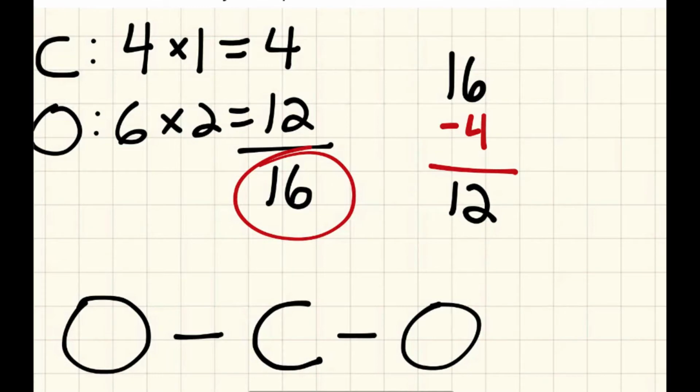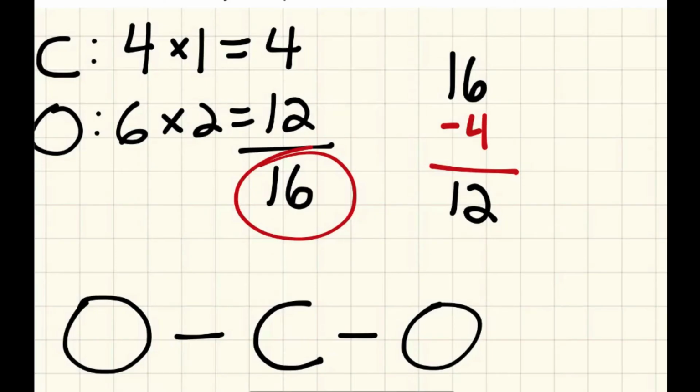The point is really only that we want to complete octets around these outer atoms. So if we remember that this bond corresponds to 2 electrons that this oxygen atom is sharing, that means there are 6 more electrons that I can give this oxygen atom. I can place those as dots in the vicinity around this oxygen atom. I've placed a couple of dots on the top, on the side, and then on the bottom.